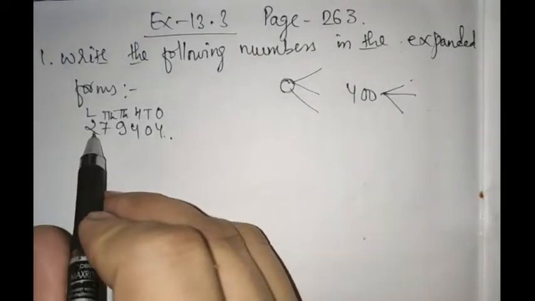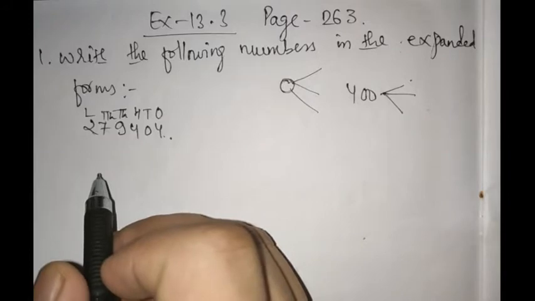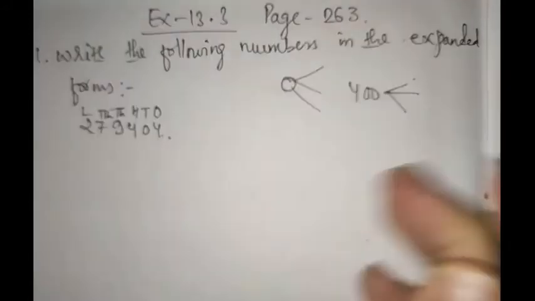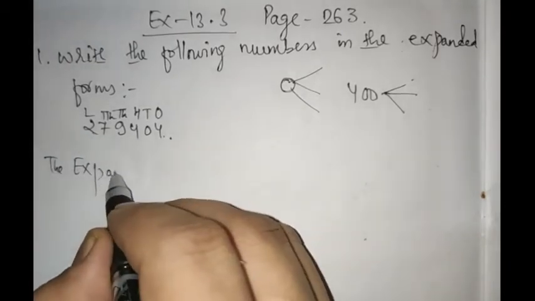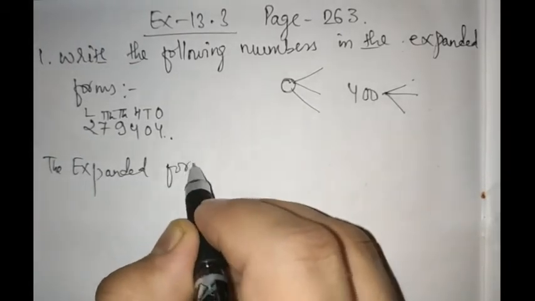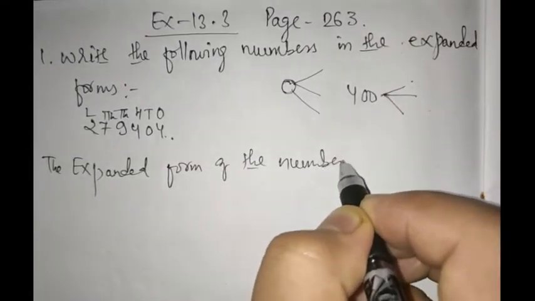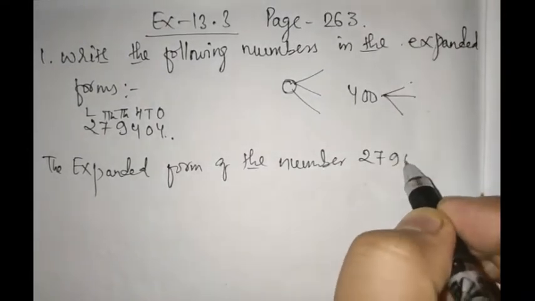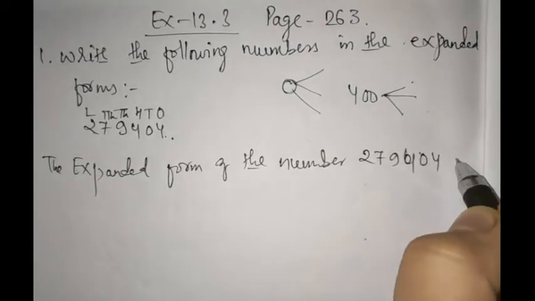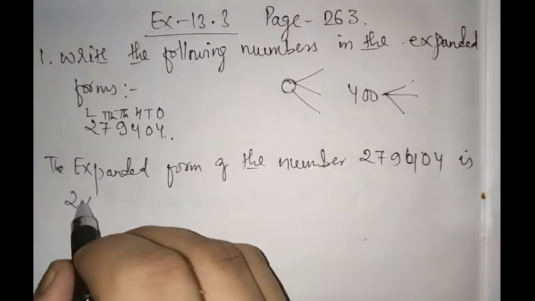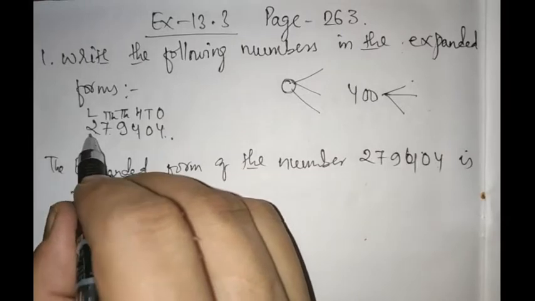So if I write the place values, it will be ones, tens, 100, 1000, 10,000, and lakh. So this 2 is in the lakh position, right? So now if you have to write the expanded form of the number 279404, it is 2 into, in which position is it, ones, tens, 100, 1000, 10,000, lakh, right?